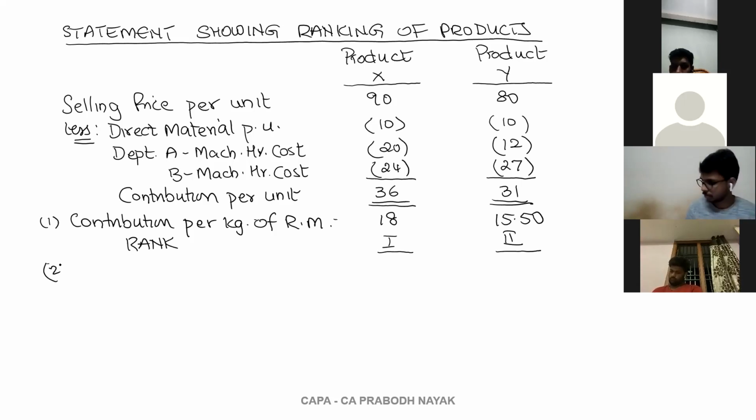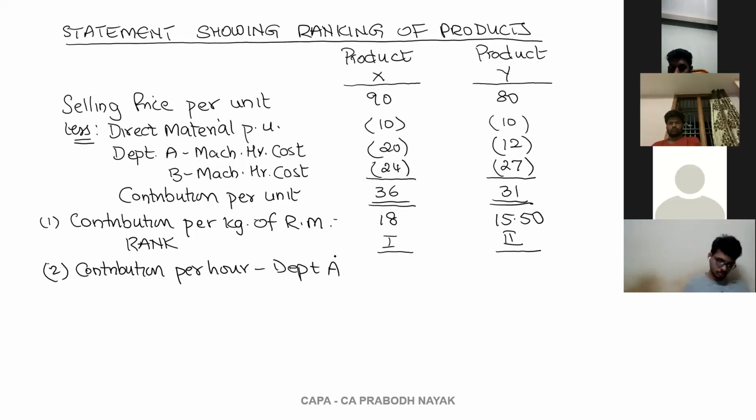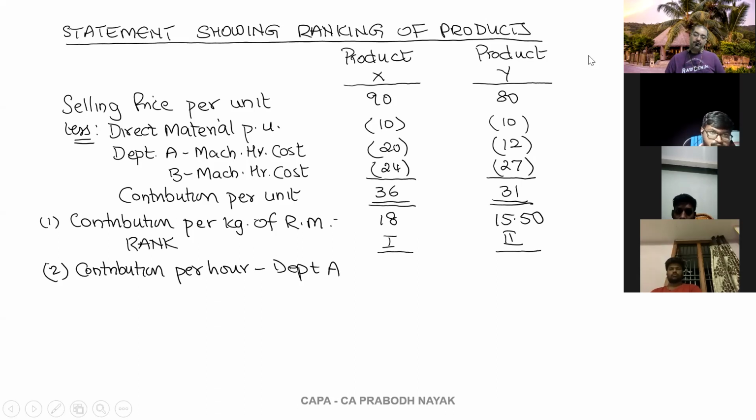Second, contribution per hour of Department A. Department A requires 0.5 hours per unit of X. So 36 divided by 0.5 is 72.